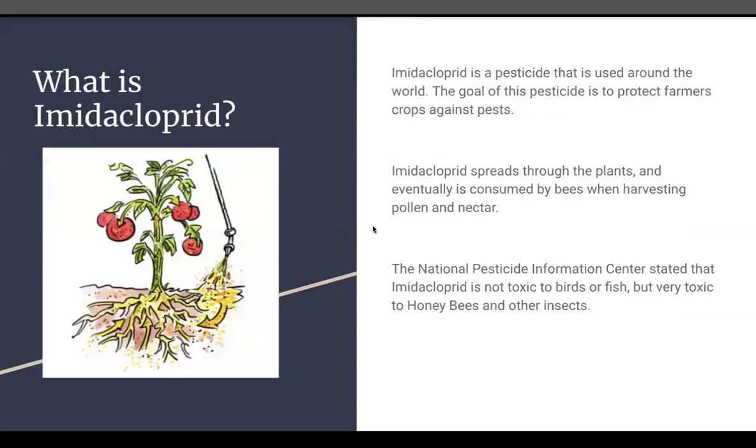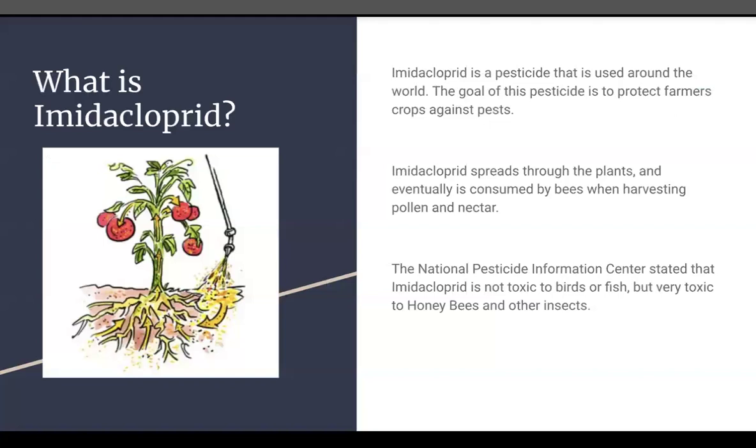So my next slide is over imidacloprid. I wanted to provide some background information on the pesticide that I chose to use. Imidacloprid is a pesticide that's used around the world. The goal of this pesticide is to protect farmers' crops against pests. Imidacloprid can spread through the plants and eventually is consumed by the bees when they're harvesting the plant's pollen and nectar.